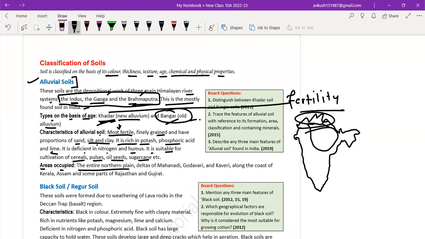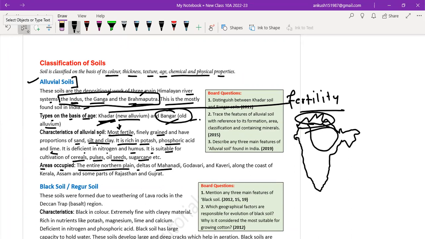Some part of Madhya Pradesh, most of the part of Uttar Pradesh, Bihar, Uttarakhand, Assam, most of the part of West Bengal. Such places are called under northern plain.